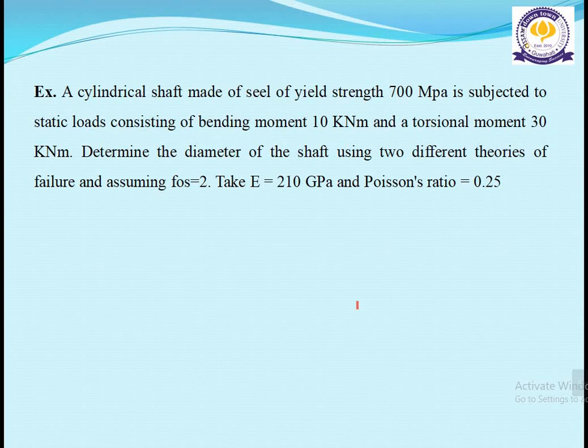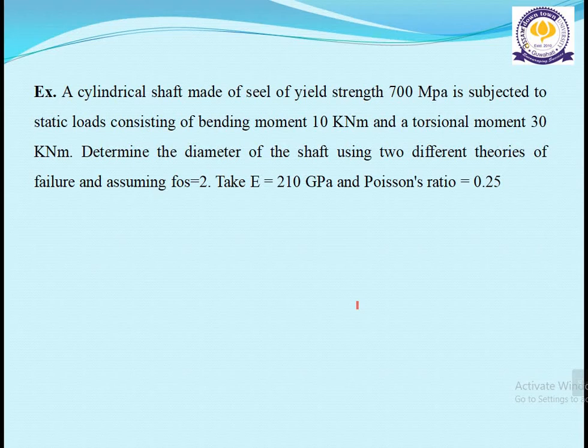Next we have to determine the diameter of the shaft, which we consider as small d, using two different theories of failure. You can use any of the theories, such as maximum shear stress theory or principal stress theory. With any two different theories, we need to find out the diameter of the shaft.